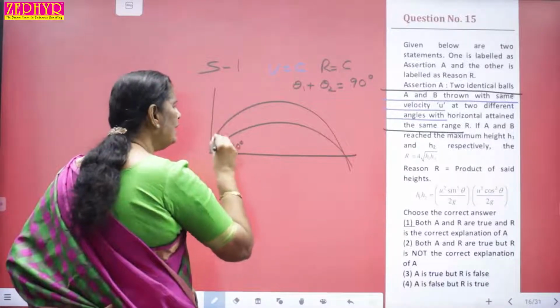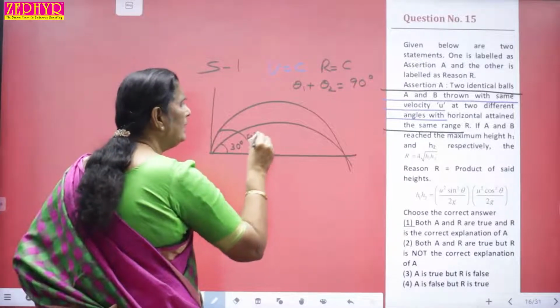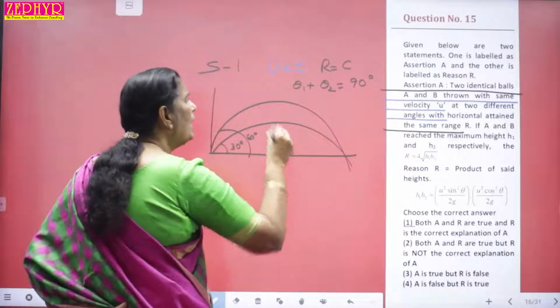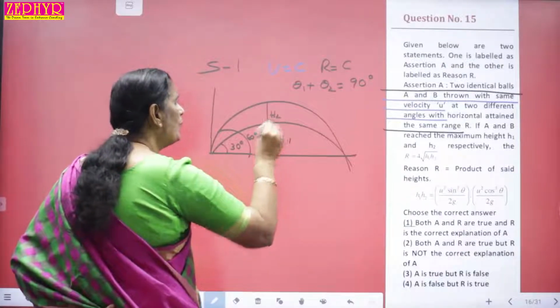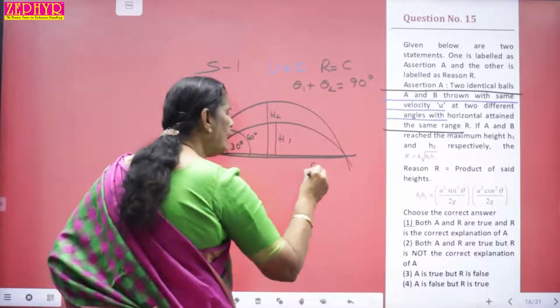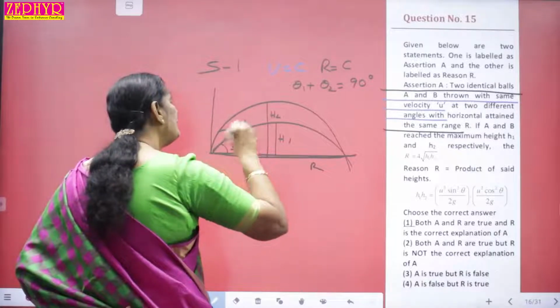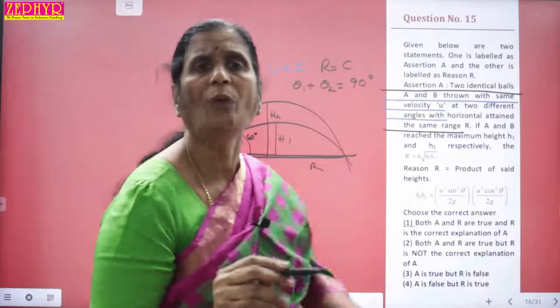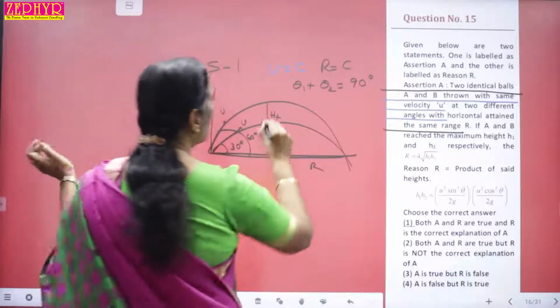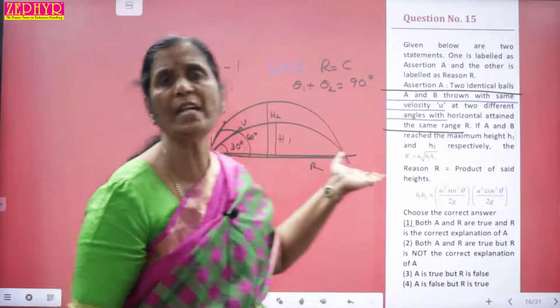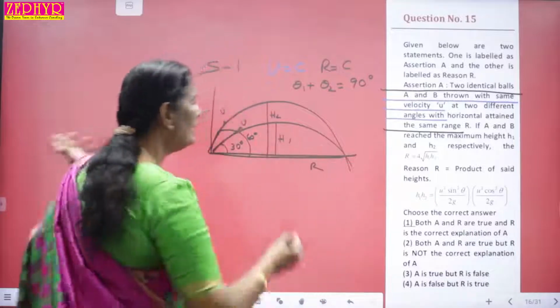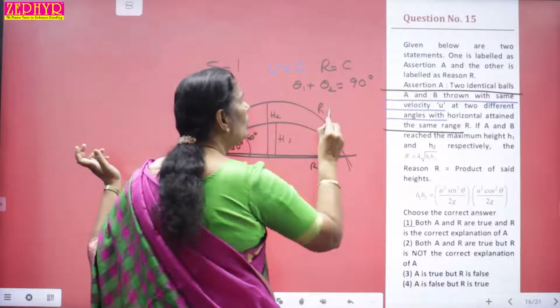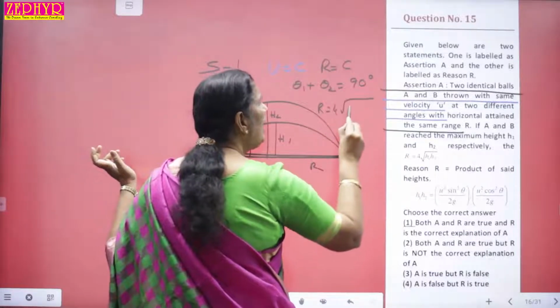So this will have h1 and this will have h2, but both will have the same range and both are projected with the same velocity. If that is the condition, what is the relation between R, h1 and h2? It's a standard notation. So they are telling that R is equal to 4 into root of h1 h2.